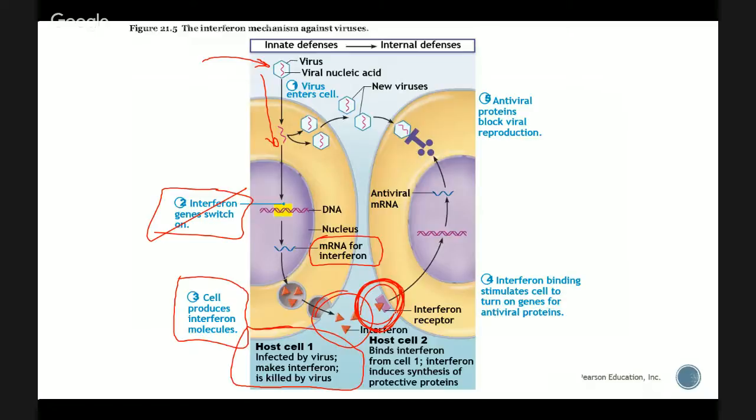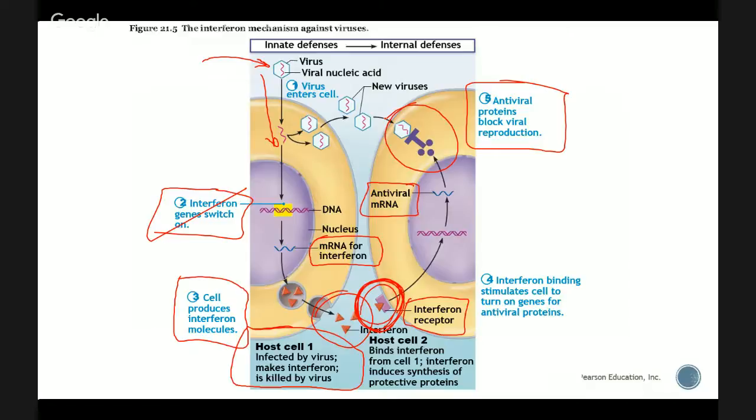So when the interferon binds to the receptor, it prompts the cell to create an antiviral messenger RNA, which then produces antiviral proteins, and it stops the virus dead in its tracks so that the virus cannot infect that cell. It's a pretty ingenious strategy. It's pretty cool. So this is the interferon mechanism. So I'd encourage you, like I said, to think of it as a bank robbery.